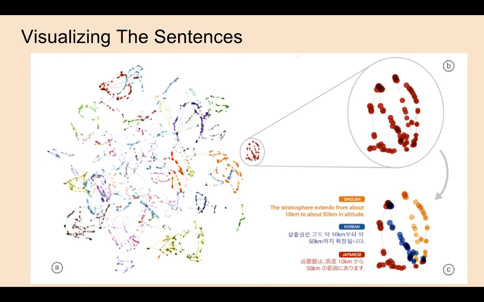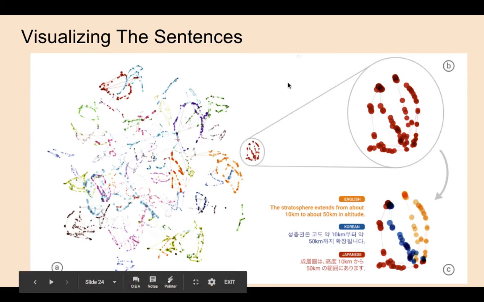But then they did something pretty cool, I thought. They took the internal representation of the sentences, which are in high dimensional space, vectors of at least 1,000 dimensions, and they used this system called t-SNE, and they map those sentences down to a two-dimensional space for visualization.